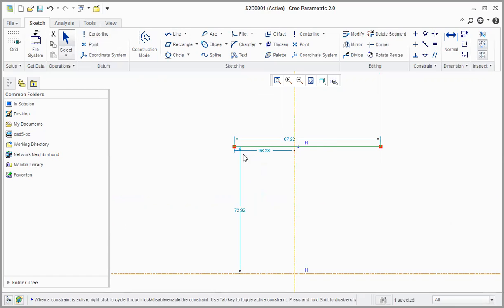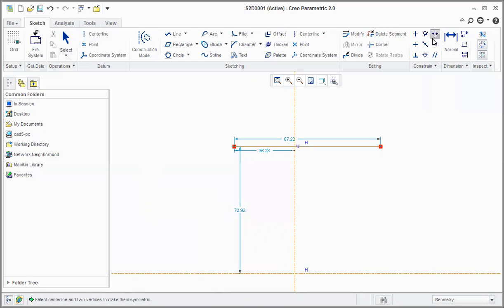Symmetric means the dimension of the line should be equal or the same on both sides of that vertical center line. At that time, we have to use this symmetric constraint. Now if you draw this horizontal line, it is not symmetric. Symmetric means the dimension is equally divided on both sides of this vertical center line. If you want this, then we have to use this symmetric constraint.